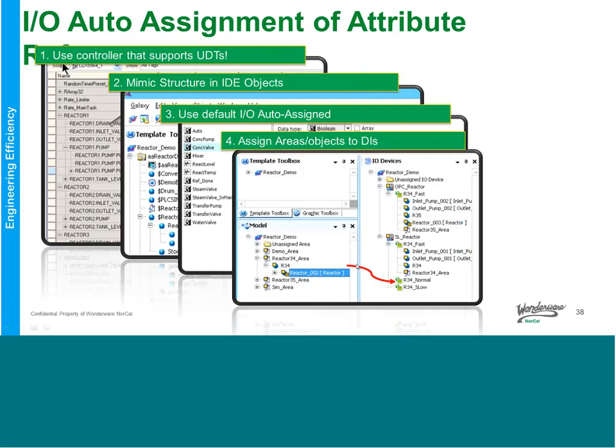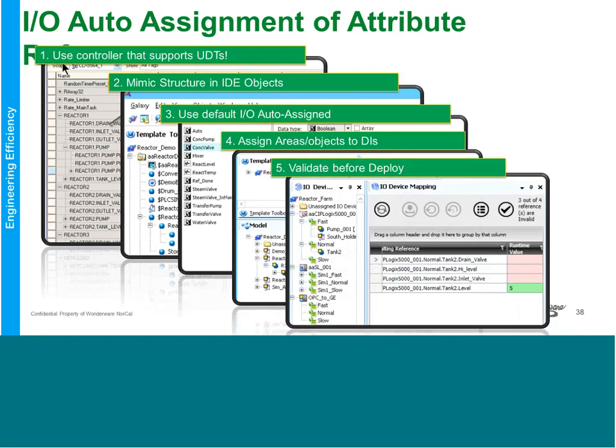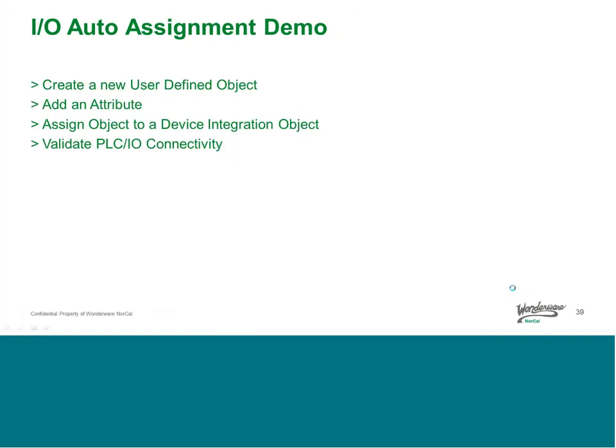And then lastly, I assign that object or that area to a device integration object. So that's the PLC map, where the PLC is physically located. So I can validate that I've got connectivity and I've got data from that PLC before I even deploy my objects. So we're going to go ahead and do this.